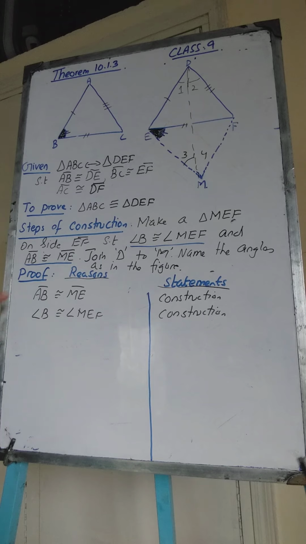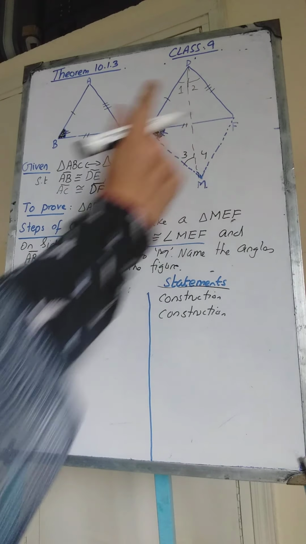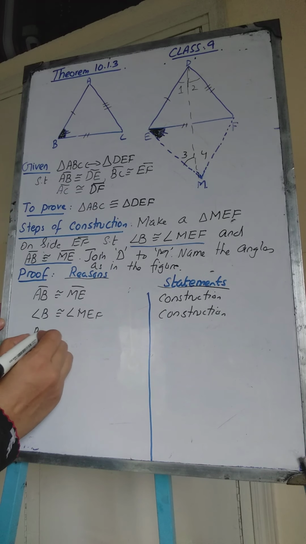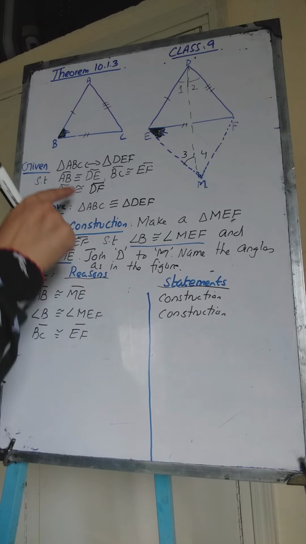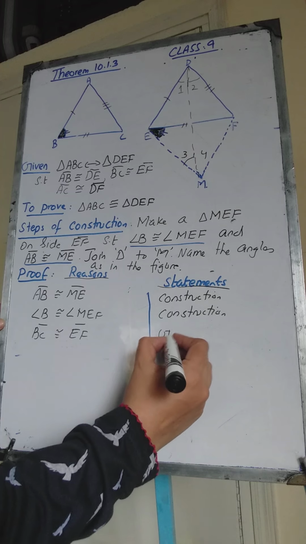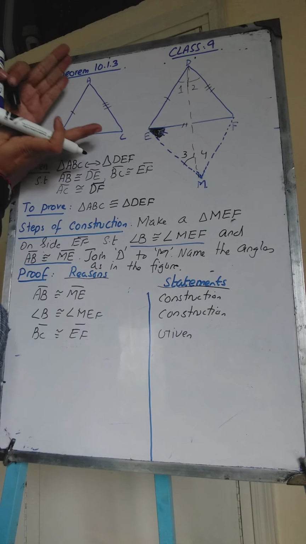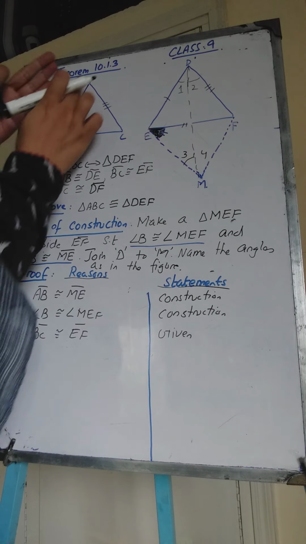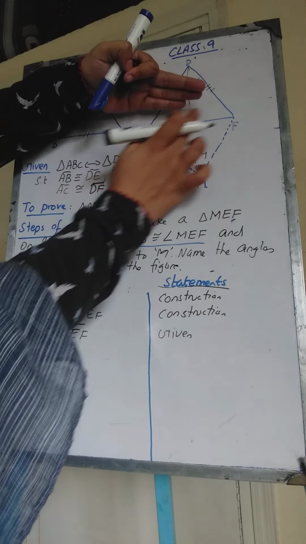Now for SAS, the third side will be the side BC. BC is congruent to EF. The side BC of this triangle is congruent to the side EF. This was given to us. So it means that by SAS postulate, AB and BC are congruent to ME and EF.